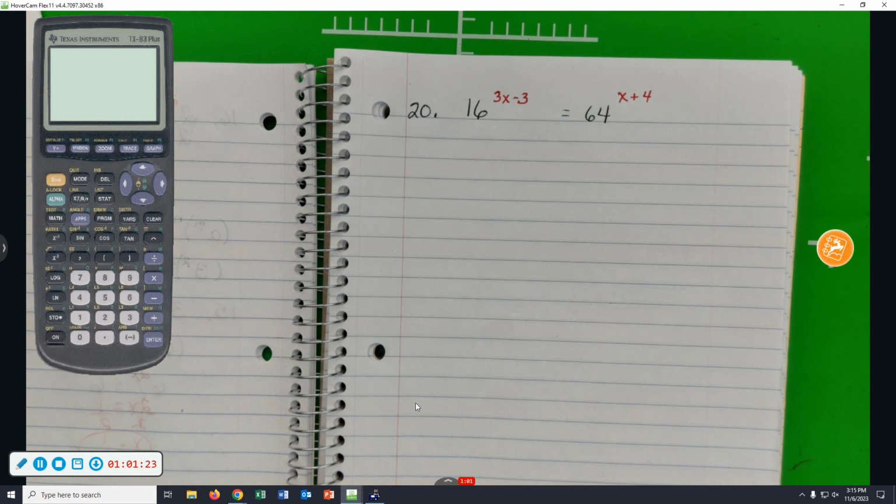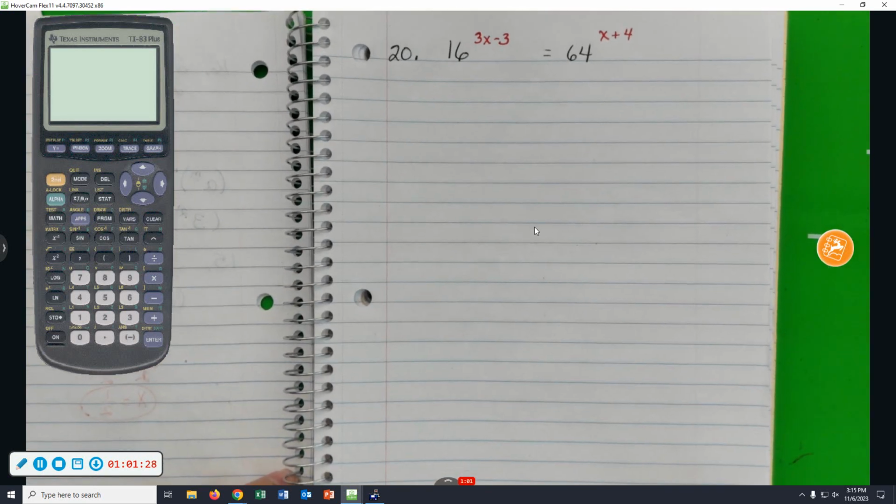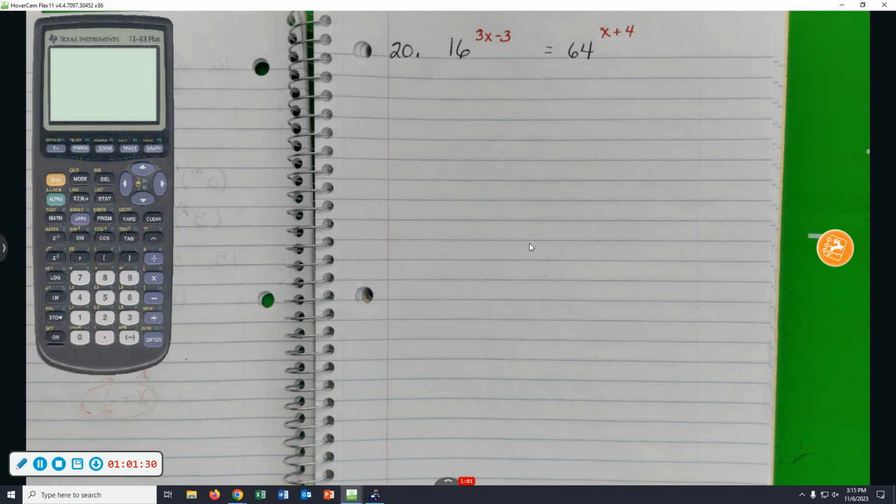In order to solve this for x, we've got to be able to get a common base. What are my two bases here? 16 and 64. Let's start with the small one.